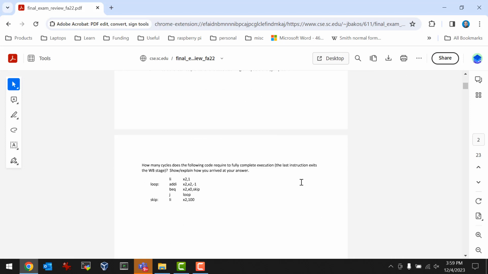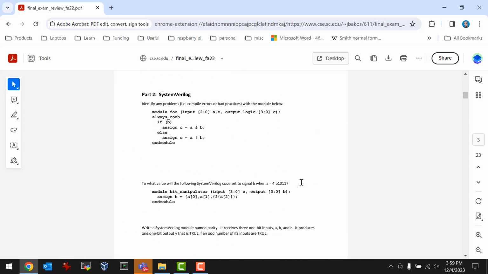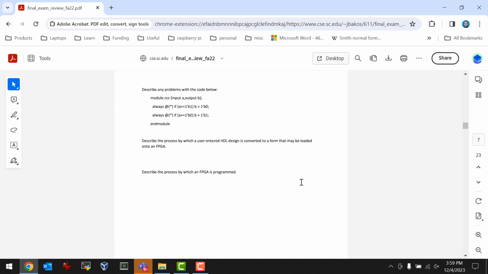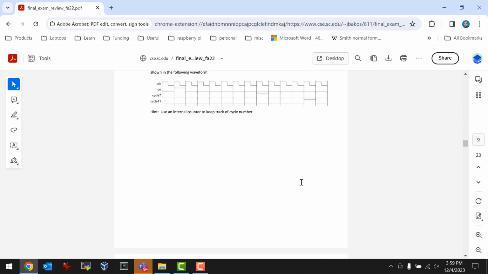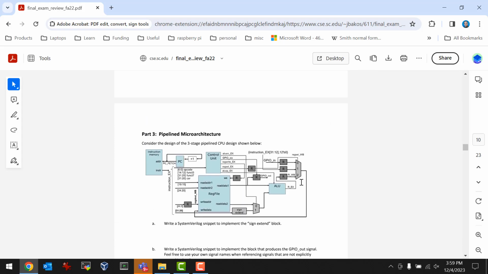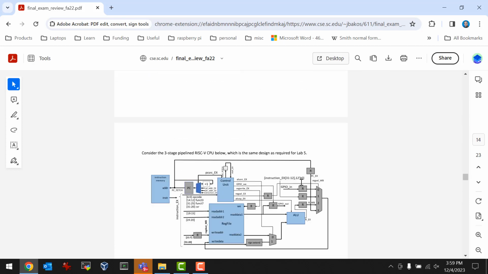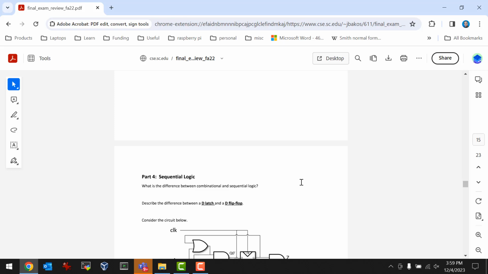So we'll have questions on the RISC ISA, like assembly language and instruction encoding, that kind of stuff. And then there'll be a part on SystemVerilog. And then we've got the pipeline architecture from your project with some questions specific to that, the microarchitecture rather.